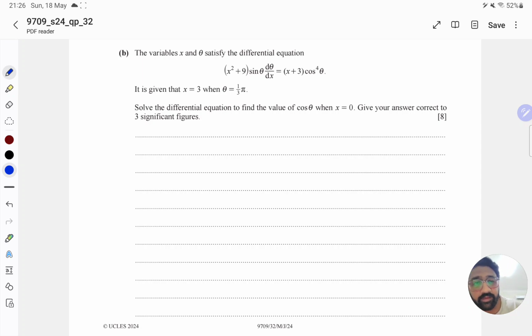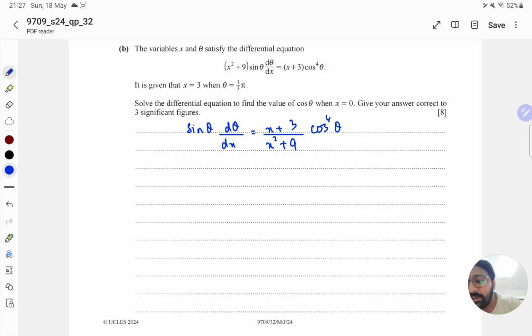Okay, so what we will do is we will bring the theta to one side and x to the other. So it will be sine theta d theta over dx equal to x plus 3 over x square plus 9 cos 4 theta.